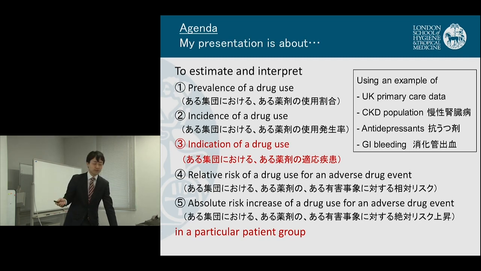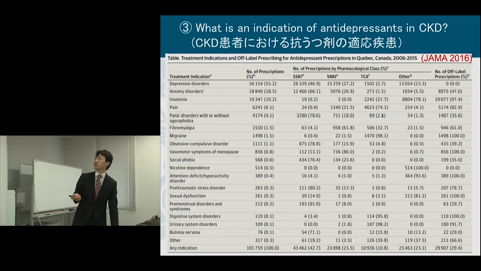So, indication of a drug use in patients with CKD. It's a busy table, but generally, when drugs are prescribed, some drugs like insulin are obviously prescribed for diabetes. But some drugs like antidepressants or antibiotics could be prescribed for several reasons.